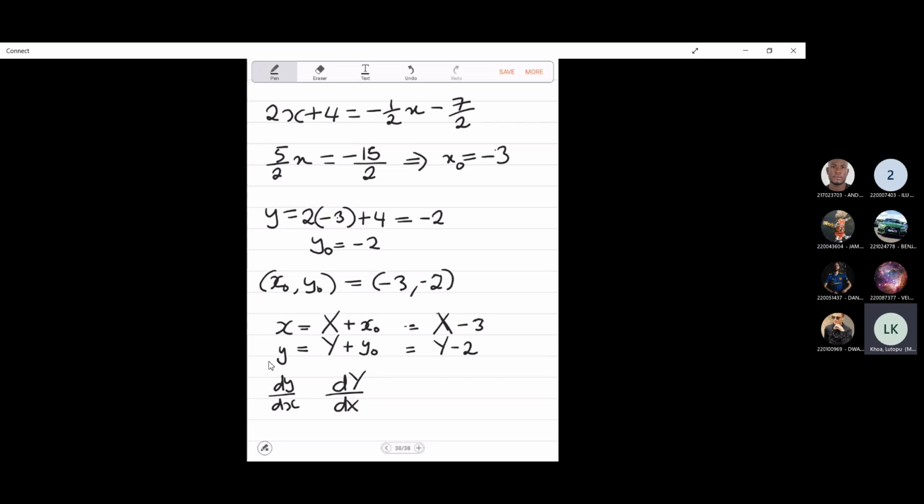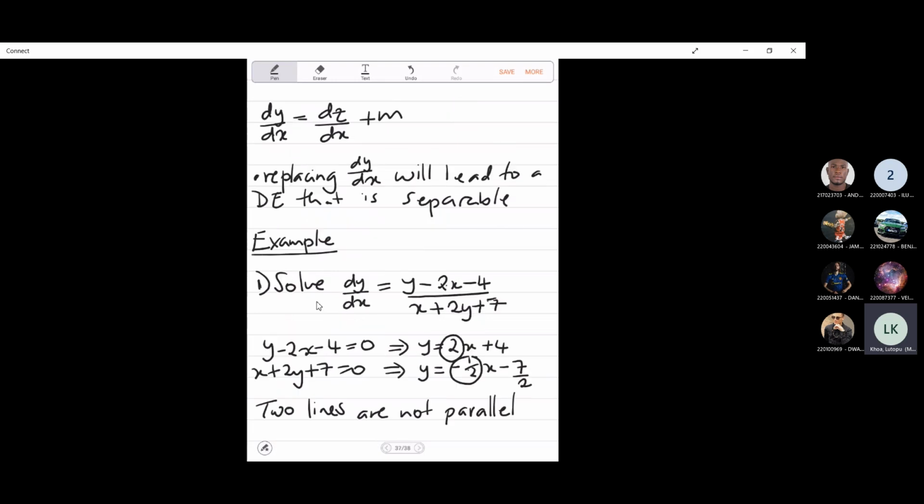So we actually have that d small y over d small x is equal to d of big Y over d of big X, because the only difference between x and big X is a constant. So when I differentiate both sides, I'll get dx is equal to d of big X, and dy is d of big Y. So that is why these two are the same. So this will just be replaced by d with a big Y and a big X in the denominator.